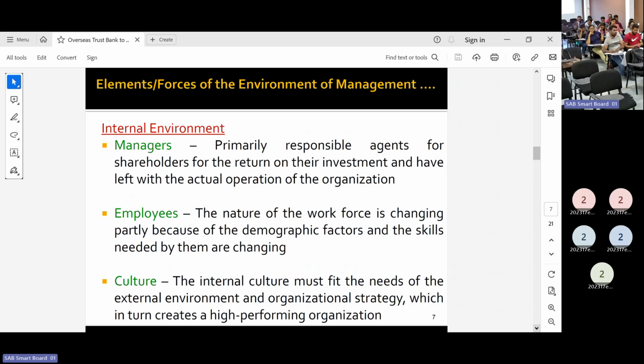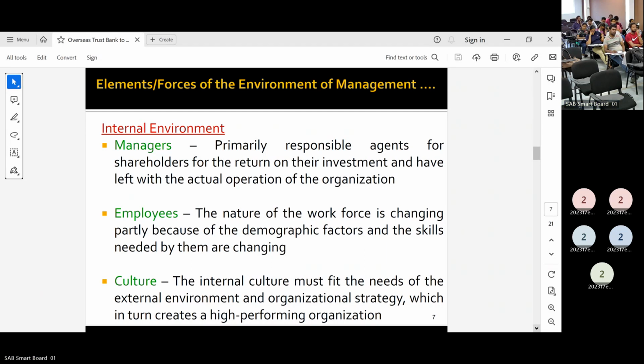Primarily, managers are responsible as agents for the shareholders mainly, and to other stakeholders also. They are responsible to shareholders to ensure a high return, ROI, return on investment, and to communicate about the actual operations of the business. There are many other responsibilities. These are the primary ones.